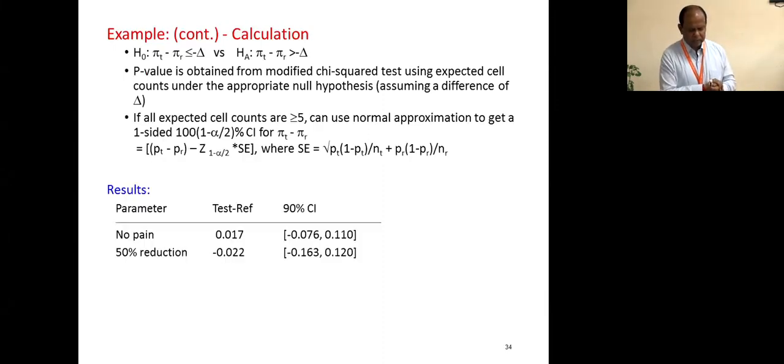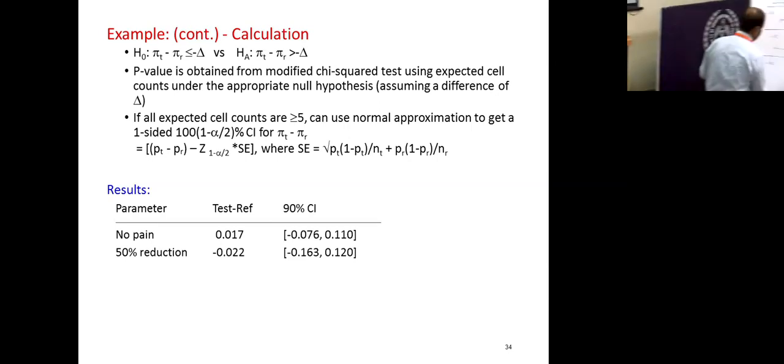So you look at the confidence intervals. So what would you suggest for no pain? Non-inferiority as well as equal, because it includes zero in between or not. Am I confusing you?